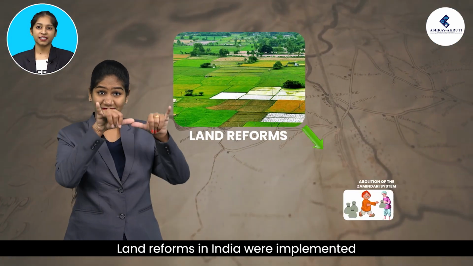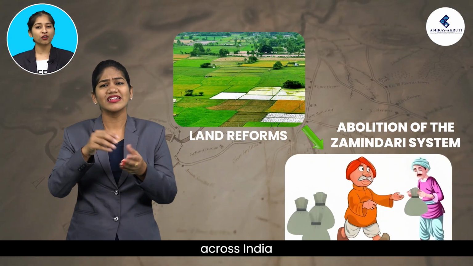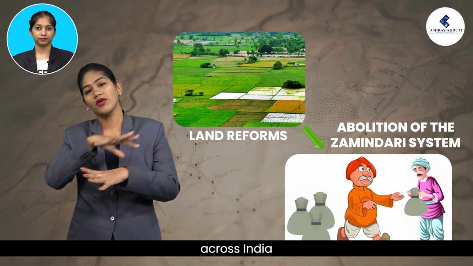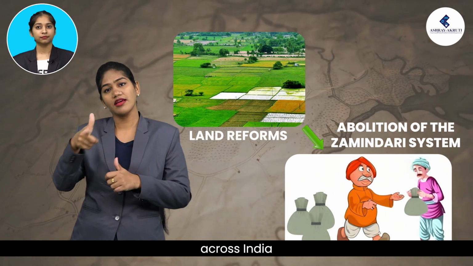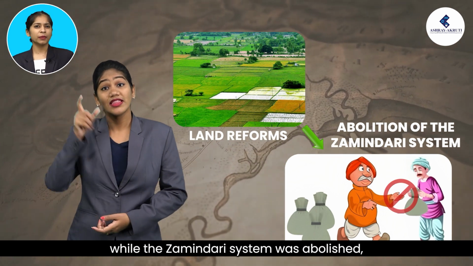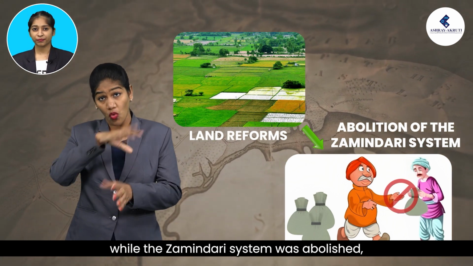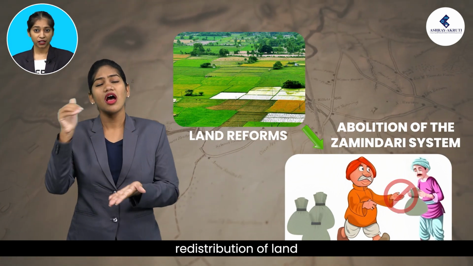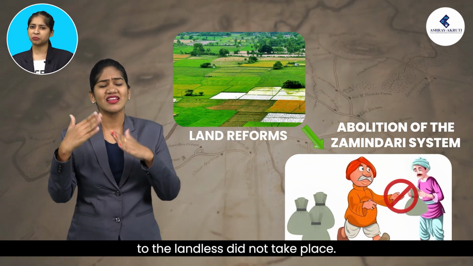Land reforms were implemented across India. While the zamindari system was abolished, redistribution of land to the landless did not take place.